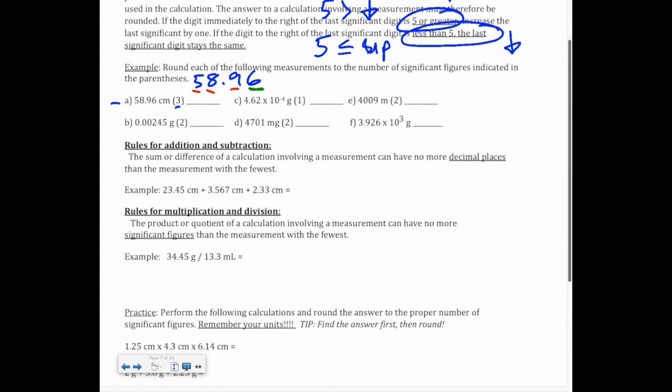That rounding digit is greater than a 5, so it rounds up. So that's going to make this one round up to a 0. Well, that means that I actually have to bump this one up as well. That's a tricky one to start off right off the bat, but this one's going to be 59.0, and that one has 3 sig figs in it.